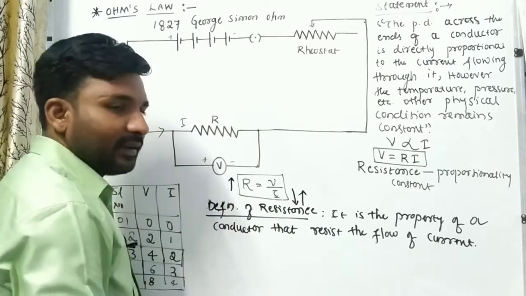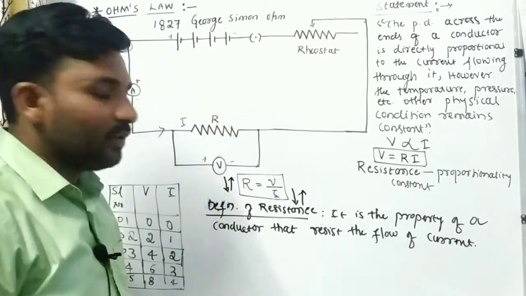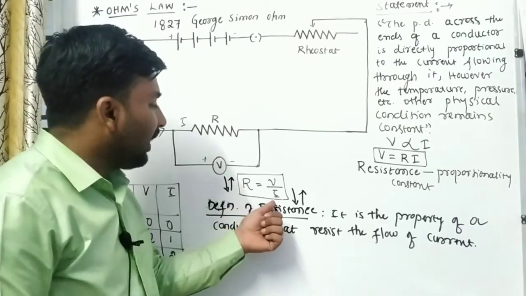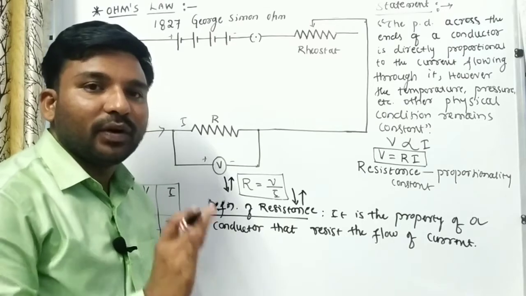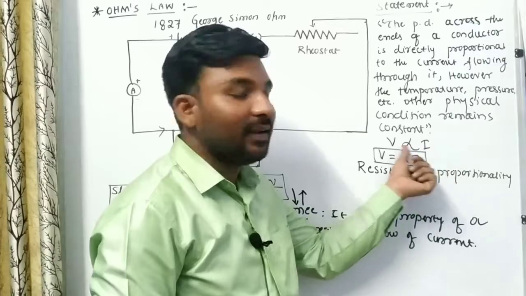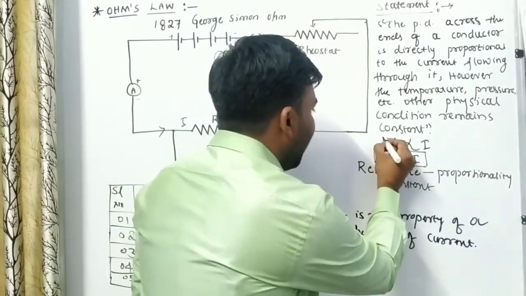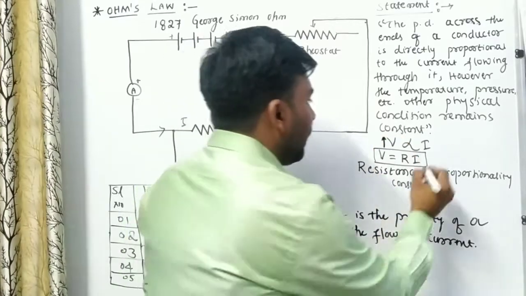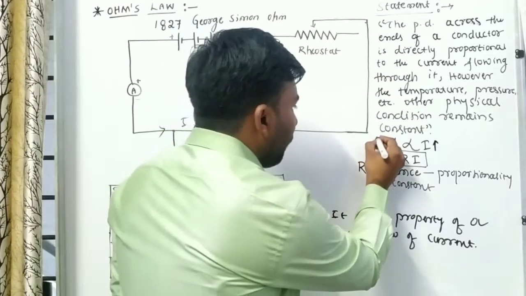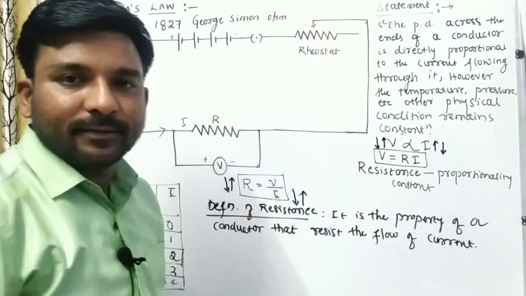Here R and I are inversely proportional to each other, whereas V and I are directly proportional to each other. Which means when V increases, I also increases, or when V decreases, I also decreases.